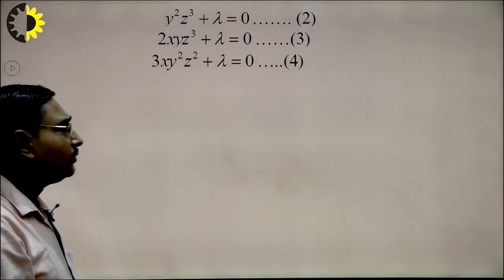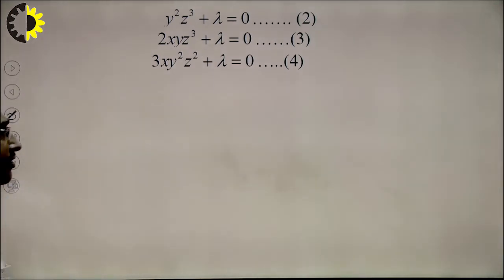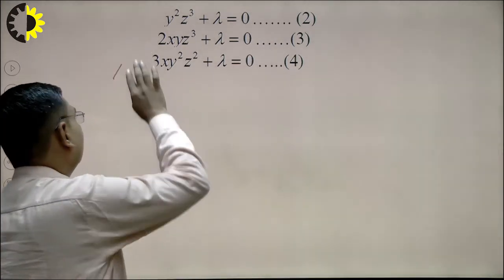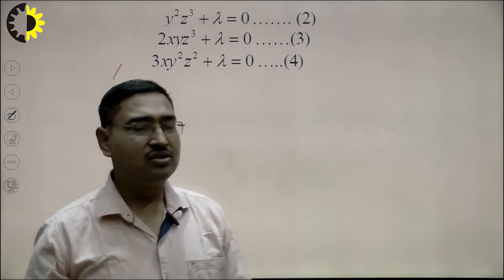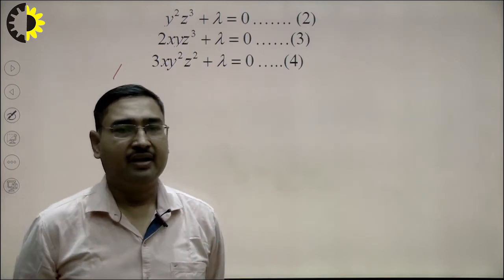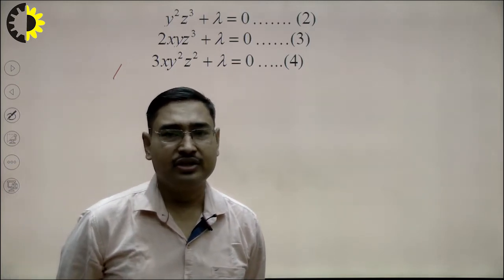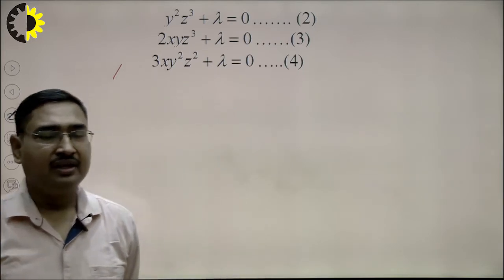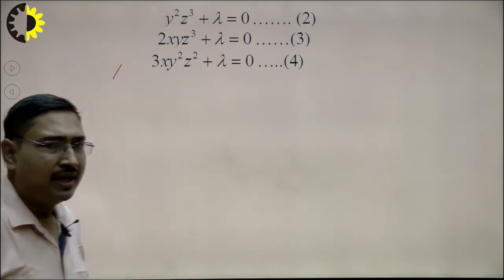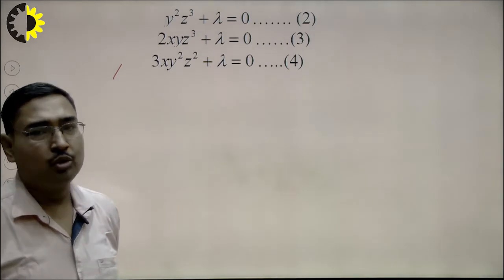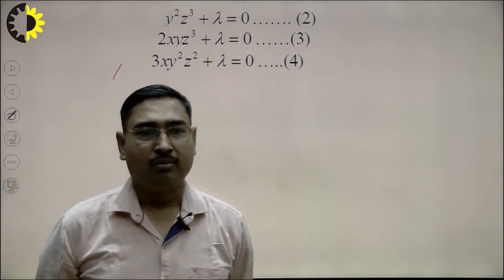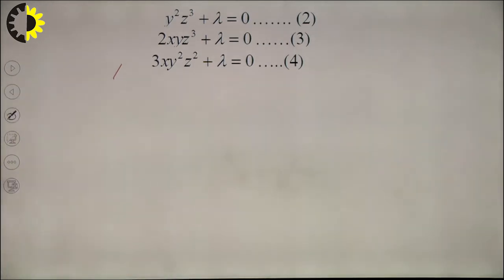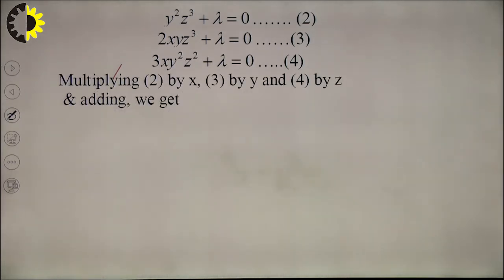Now, to find x, y and z from the Lagrange equations or the simplified equations, there is no fixed rule, because these equations involve nonlinear terms in general. So, a tricky approach will be used, and that approach will vary from problem to problem. In this problem, I have applied a trick.